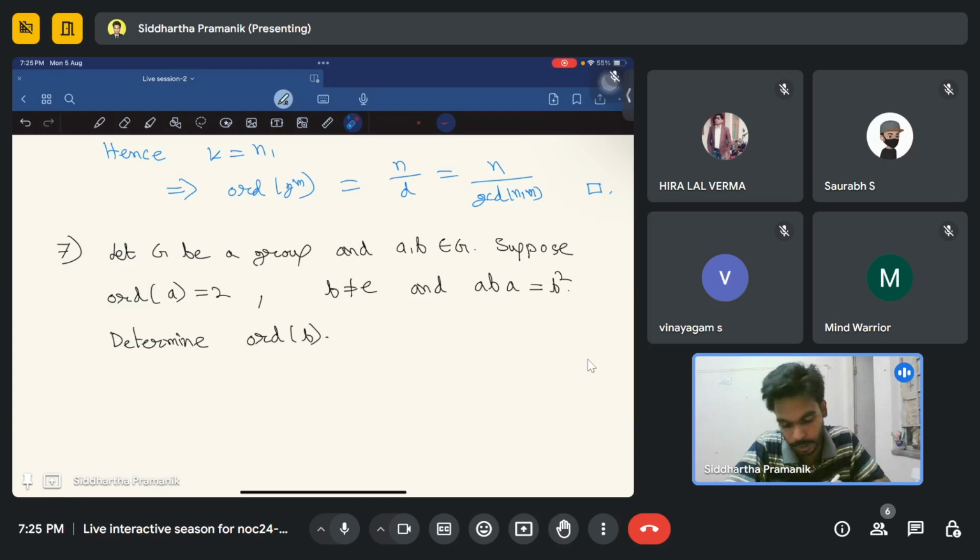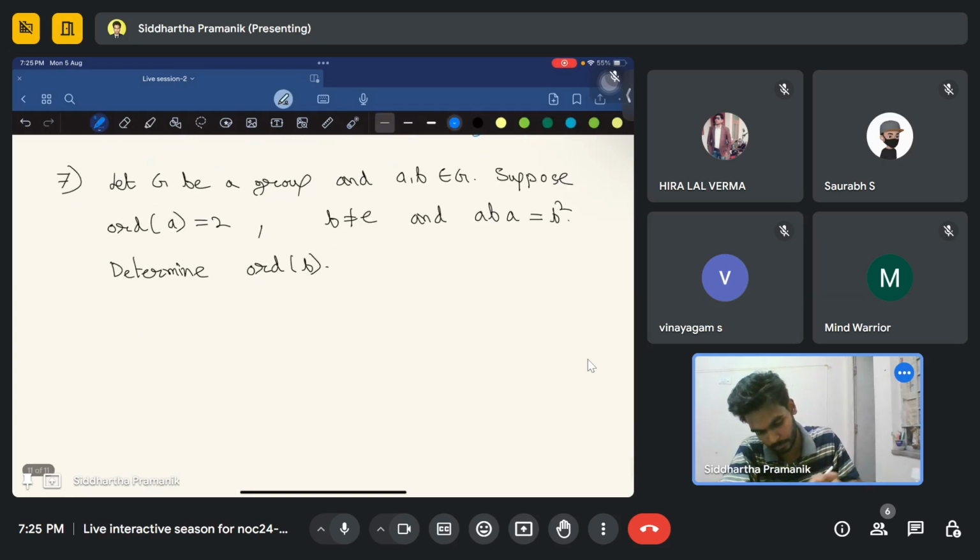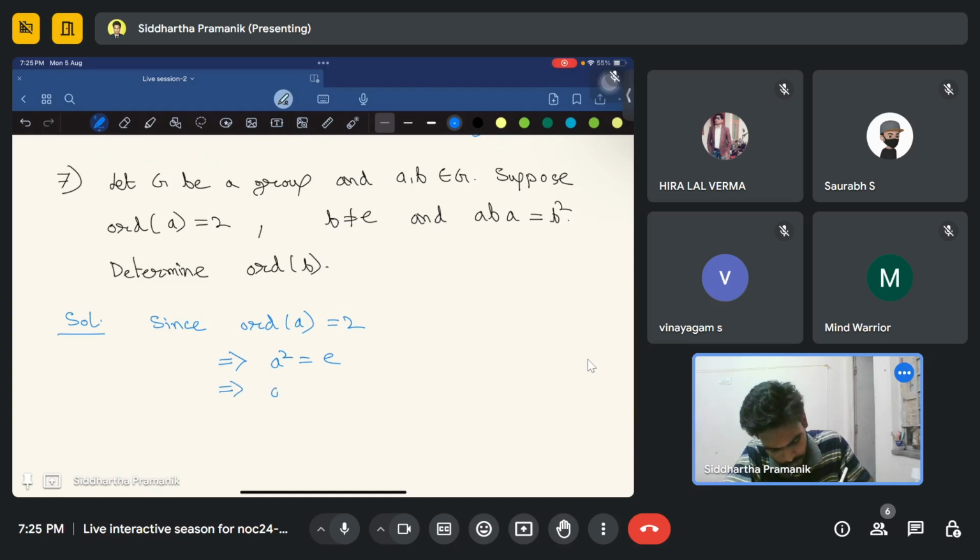Okay, let's do this. Now see, order of A is 2, right? Since order of A is 2, that will imply A square is equal to identity, and this will imply A equals A inverse. You just multiply A inverse both sides, then you will get this.